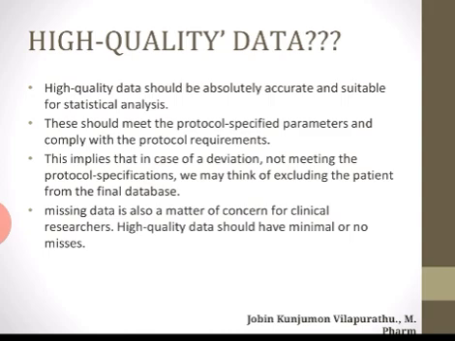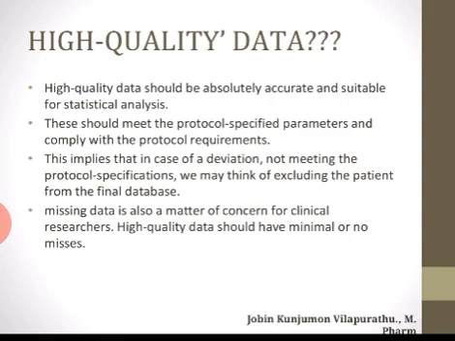Another thing is missing data. That is, during the process, the researcher is not recording the data properly. So it is another headache for the statistical team and the clinical researchers. So high quality data should have minimal or no misses. Let me repeat once more.